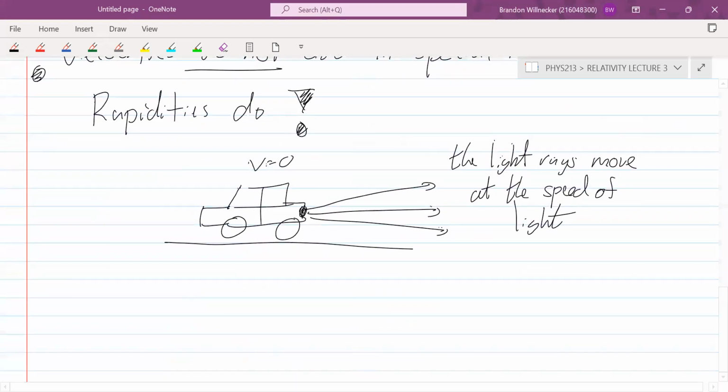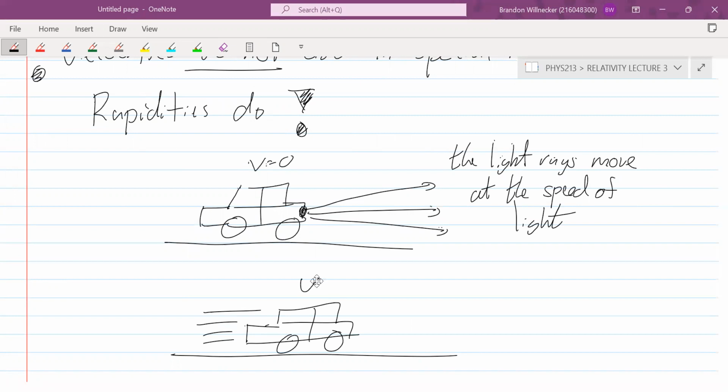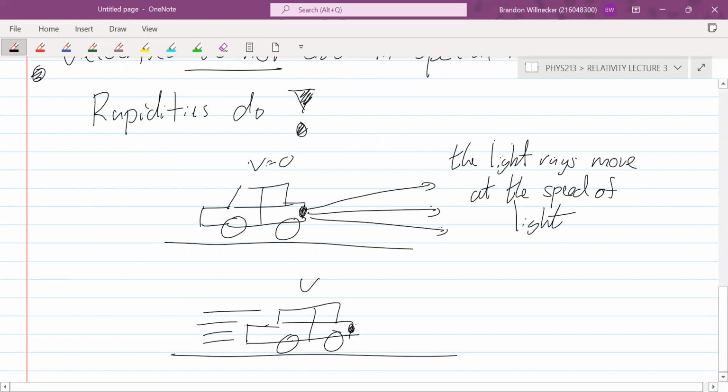Now imagine if your car is moving. Okay, let's redraw the car. Okay, so now we've got some speed lines here. The car is moving at the speed v. Okay, and you, again, turn on your headlights.